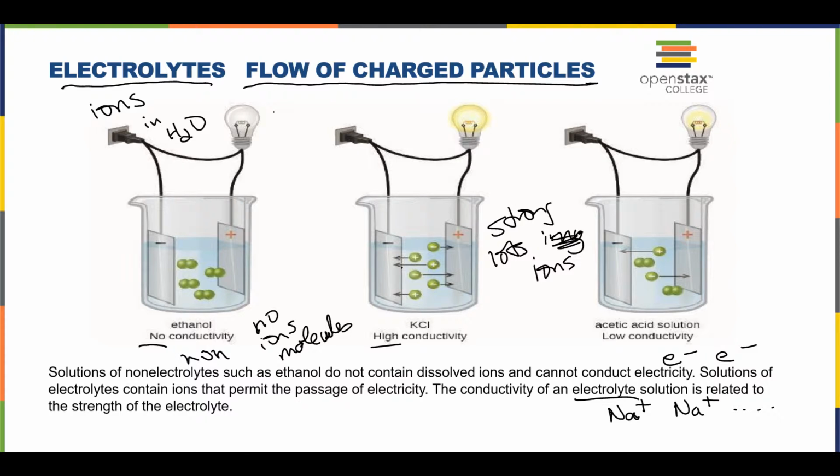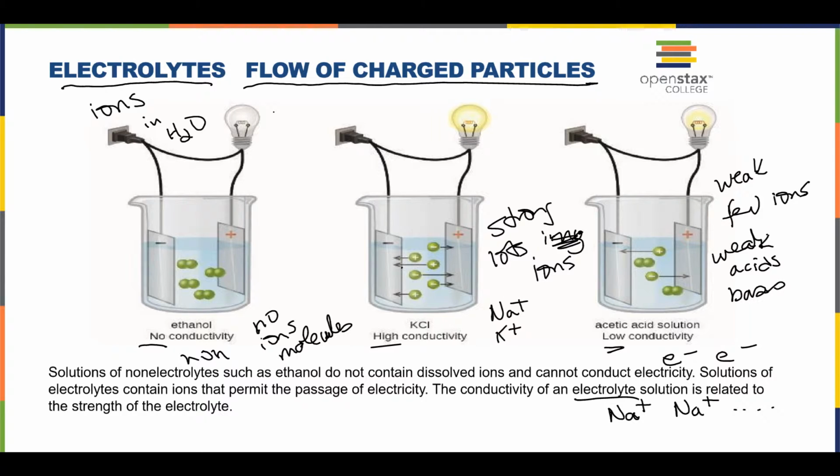These are going to be compounds containing sodium or potassium, going to be nice and soluble and give us lots of ions. We can also have weak electrolytes. Weak electrolytes are going to have just a few ions. When we have a few ions, our classic examples are going to be weak acids and weak bases. And we're going to consider this further along as we get into our acids and bases chapter.